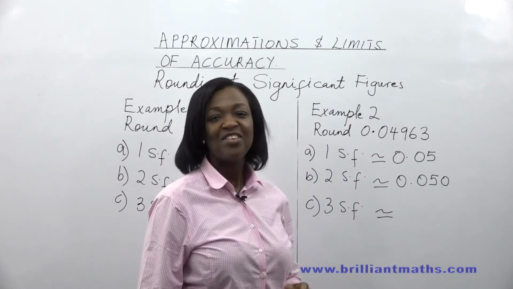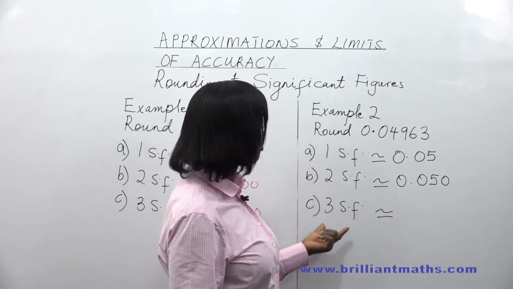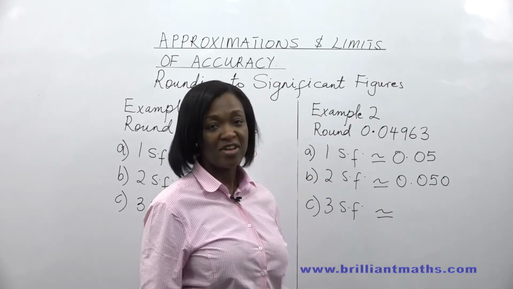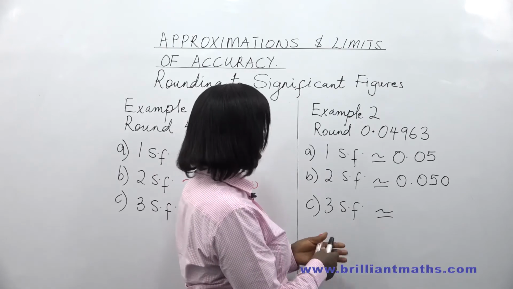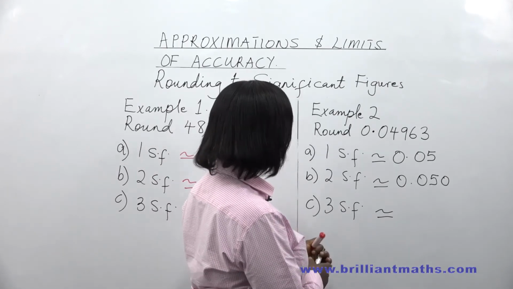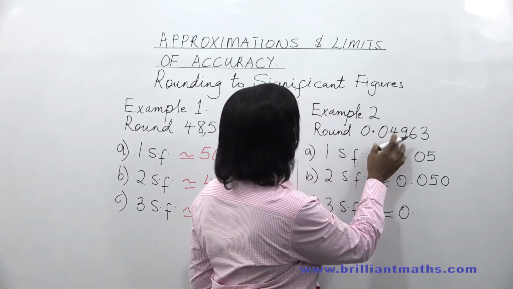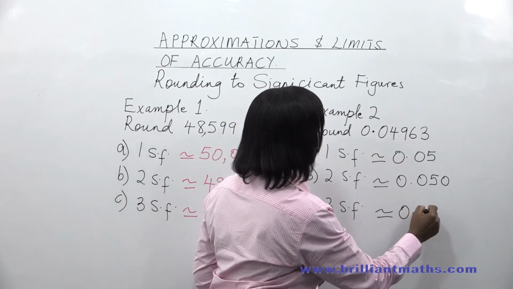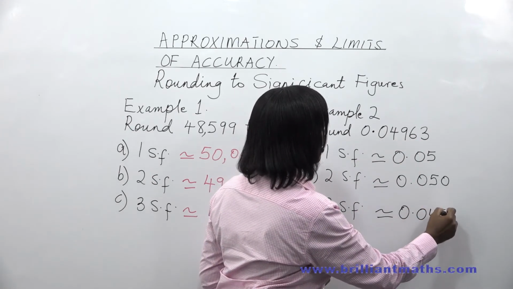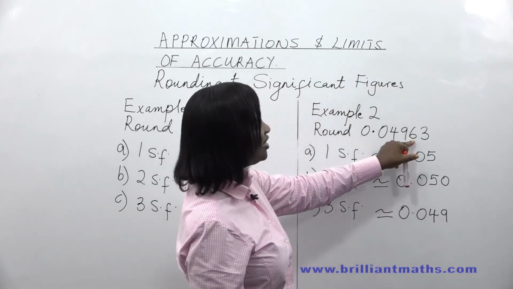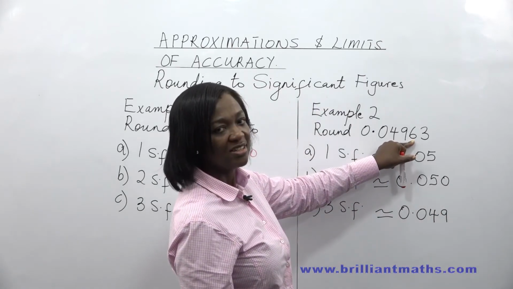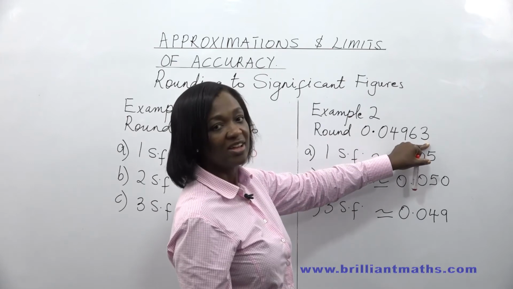That's very important. For the third example, we're rounding to 3 significant figures. So the answer becomes 0.123049. The third digit is a 6, and this is a 3.